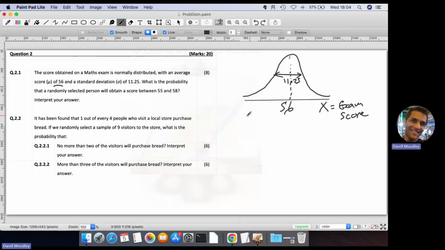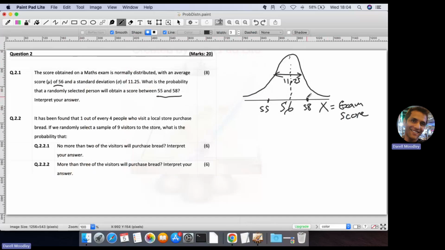The question asks us to work out the probability that a student will score between 55 and 58. 55 is on the left of 56, so I'll place it here, and then 58 is on the right of 56, so it's here.